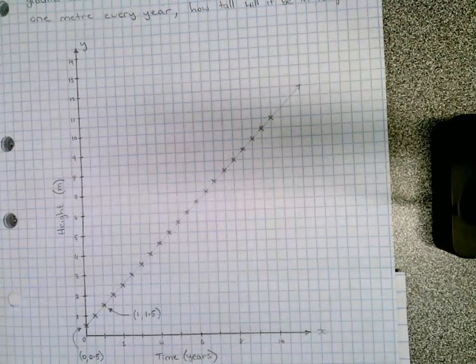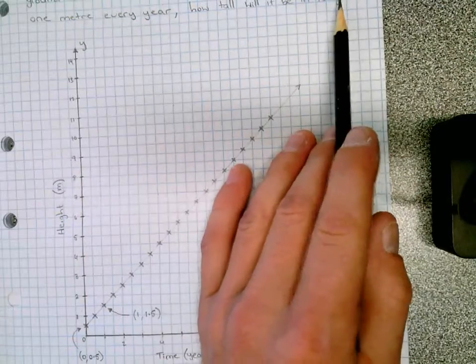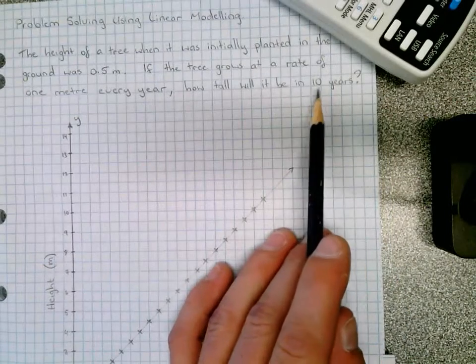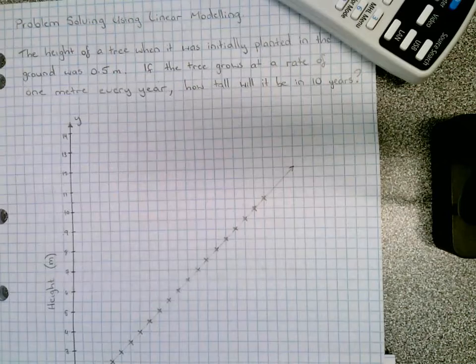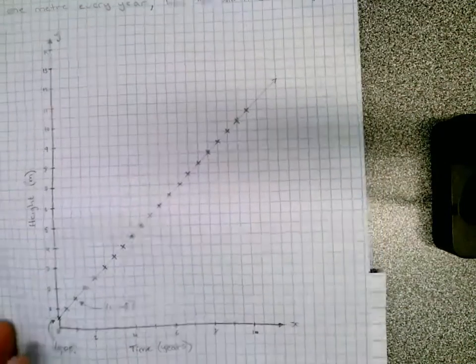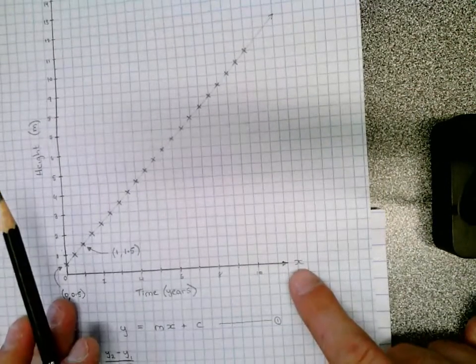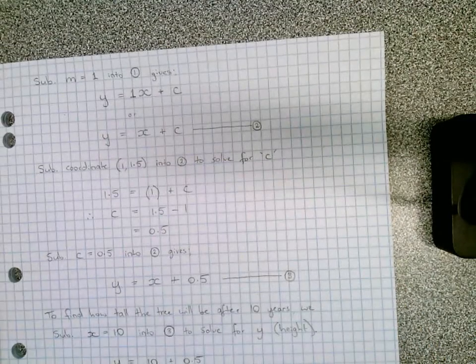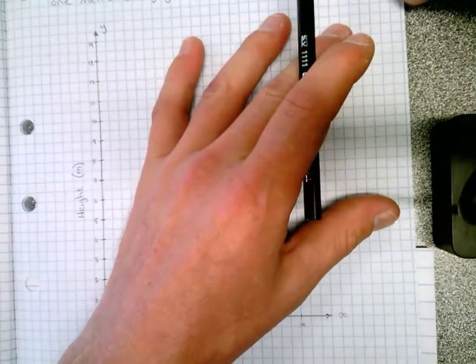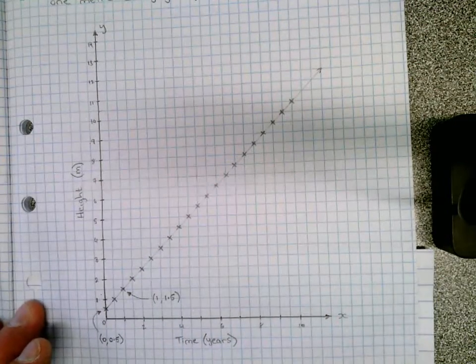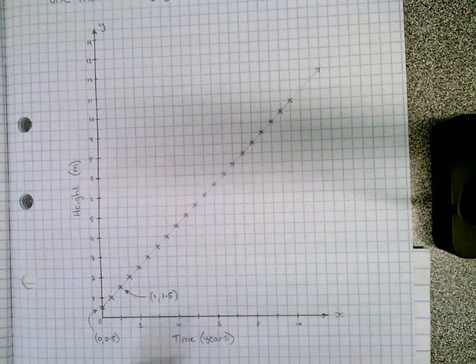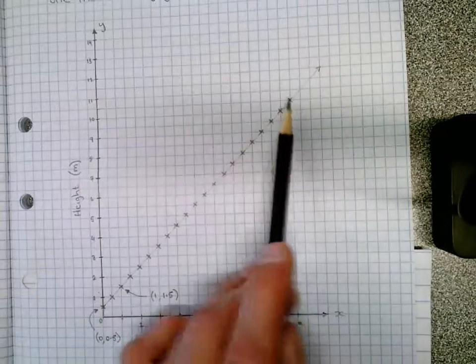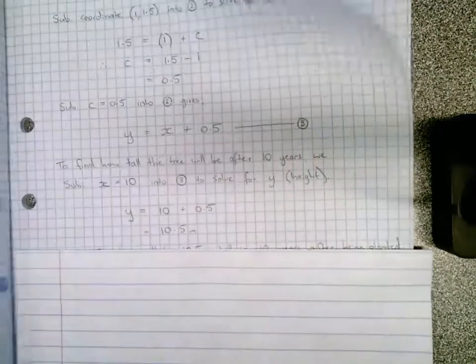But you can imagine that if it was asking for how tall the tree was in, say, 56 years, this graph might have to be substantially bigger, and you might not actually want to draw it, in which case you would just solve algebraically as we did using this process. But it is handy if your graph does encapsulate the point being asked about, that you double check it against your graph. So we have answered the question.